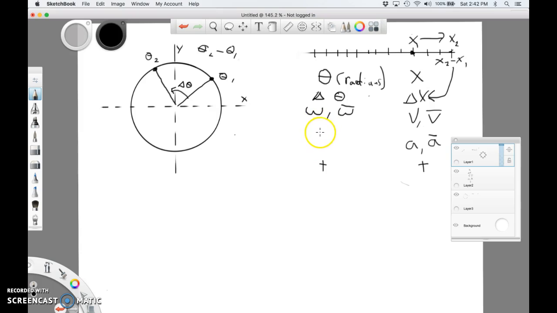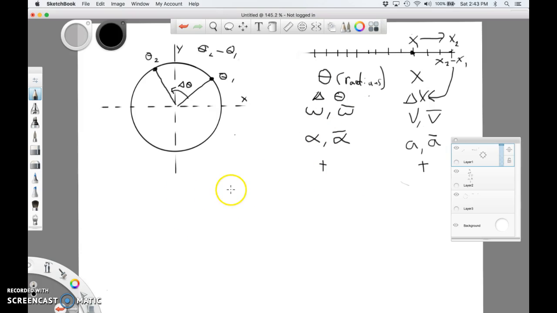And let's say that something is spinning, it has some angular velocity, and that angular velocity increases. Well, that would be a change in angular velocity, which we'll call angular acceleration, and we'll use the symbol alpha for angular acceleration. Just like we can have instantaneous angular acceleration, we can have average angular acceleration. And so these represent all of our angular values, okay?